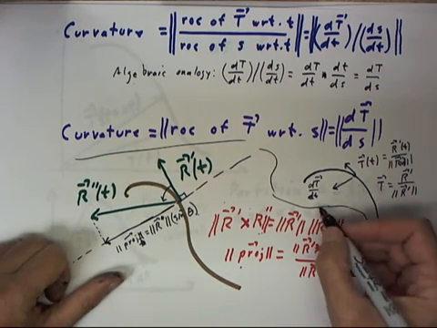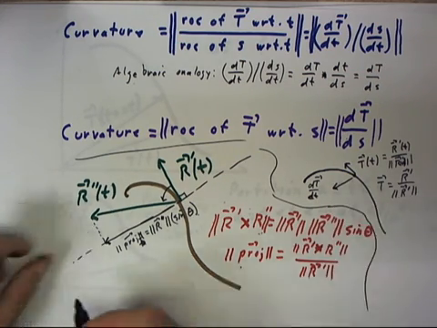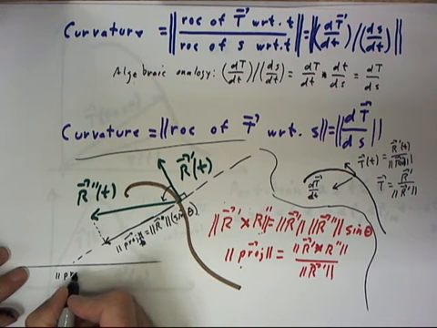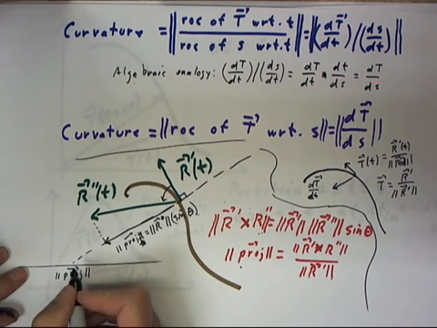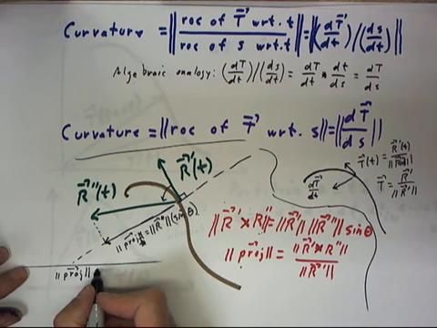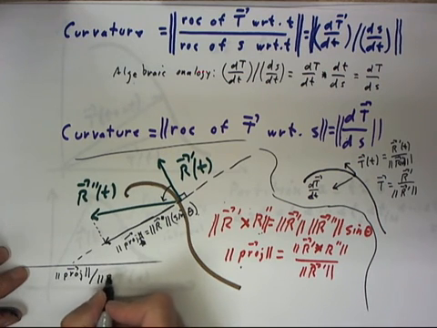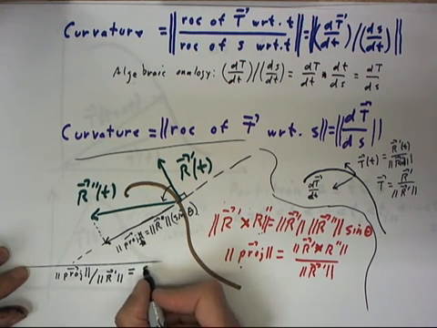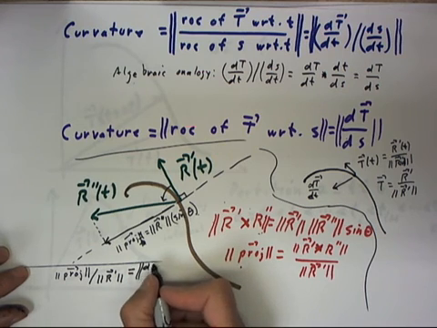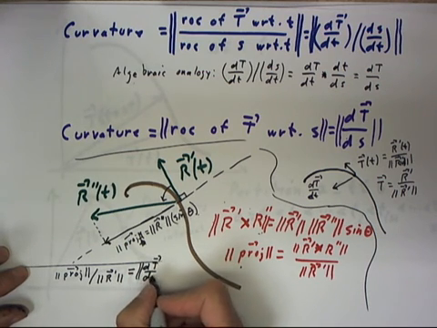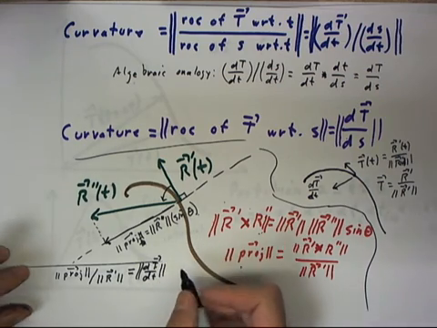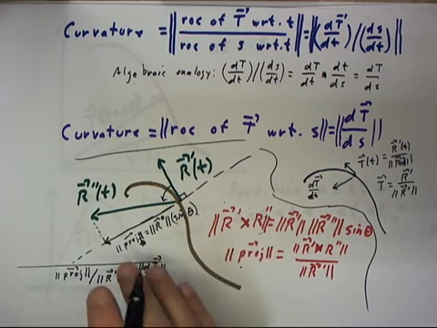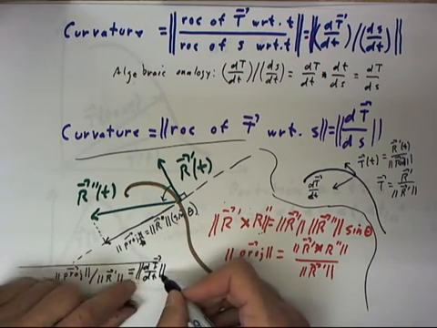The magnitude of the projection divided by the magnitude of r prime is equal to the magnitude of dT, where T is the unit tangent vector, with respect to t. Okay, the magnitude of, well, you understand, d big T over d little t.